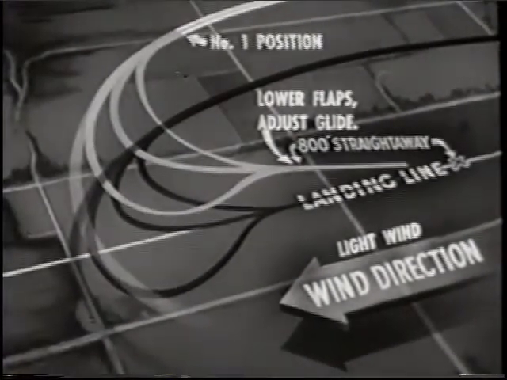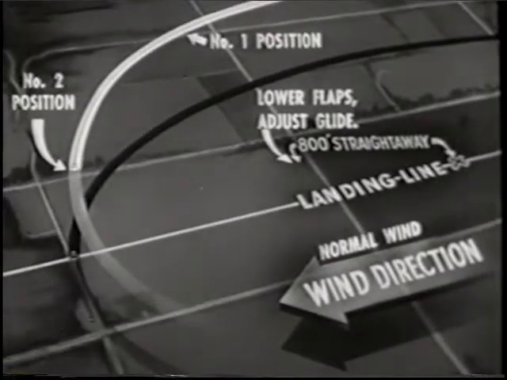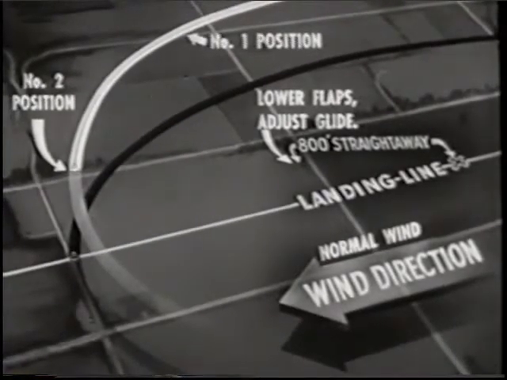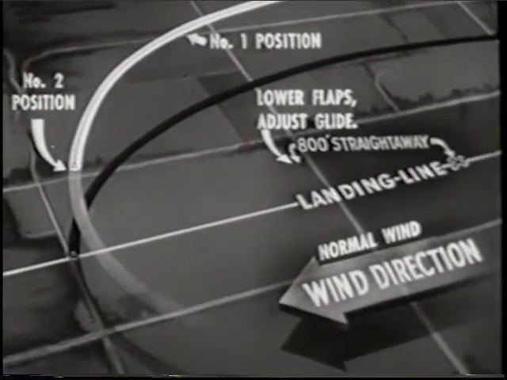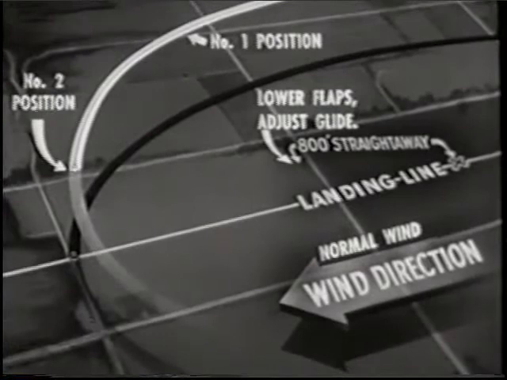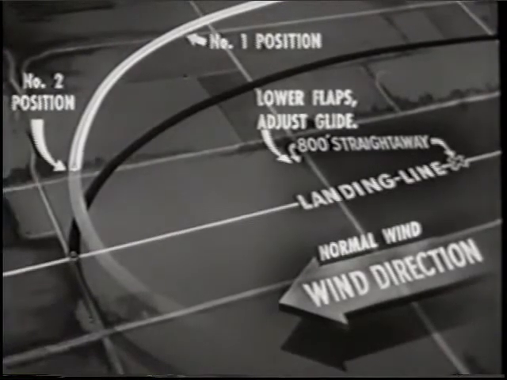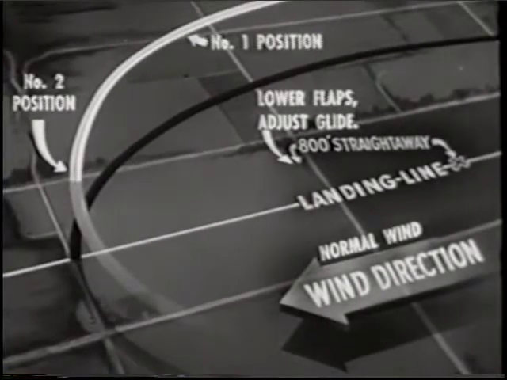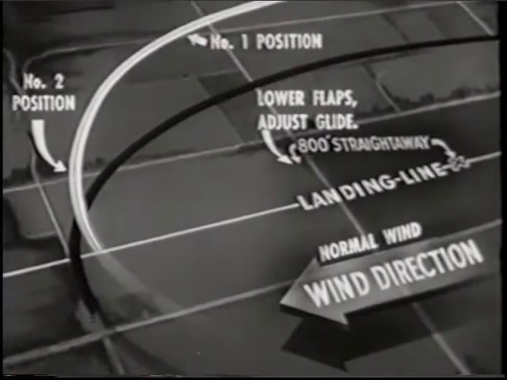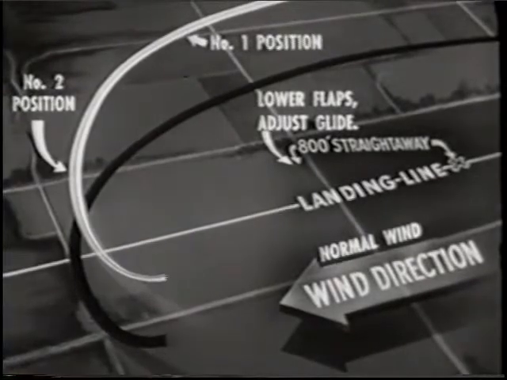If your throttle is closed at the number 2 position, you go through the same procedure. Prop in low pitch, depress power push, landing gear down, trim for a 95-knot glide, and report wheels down and locked when the horn stops blowing. Judging your wind, make an S turn back to but not across your landing line.